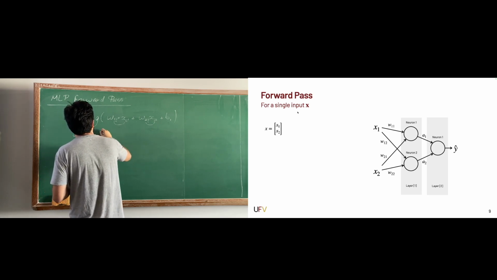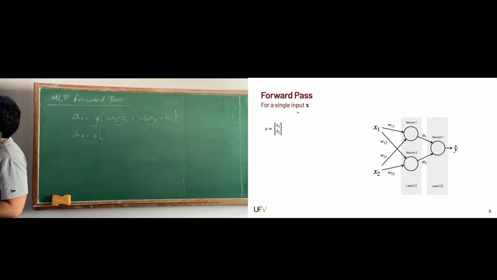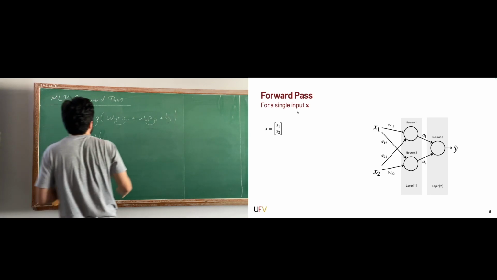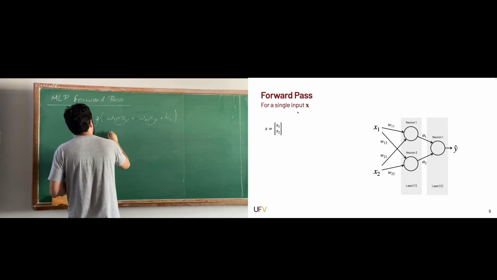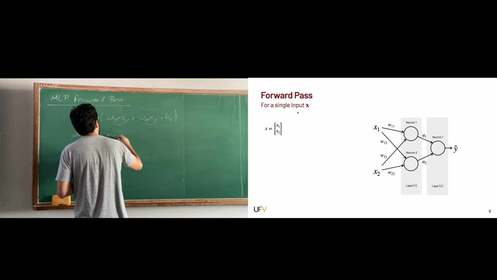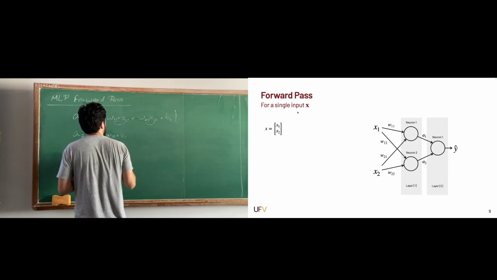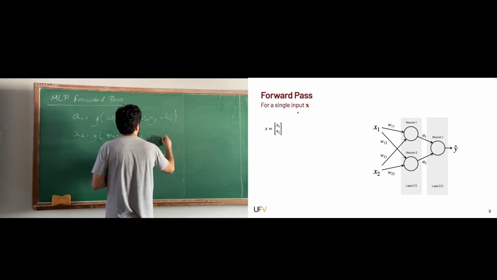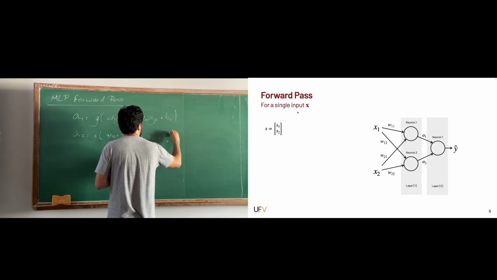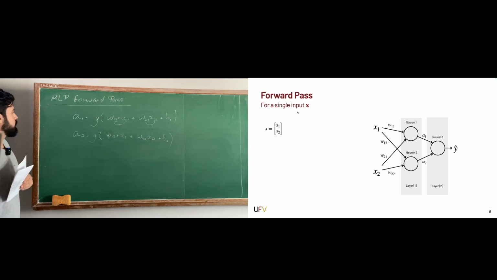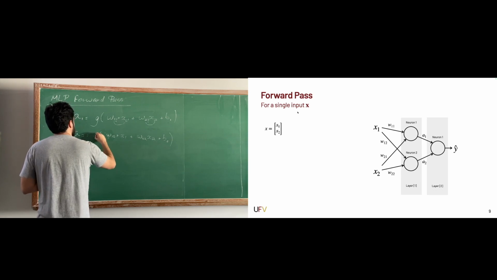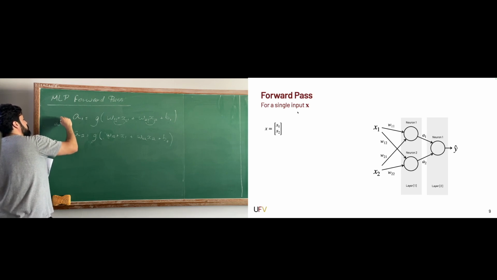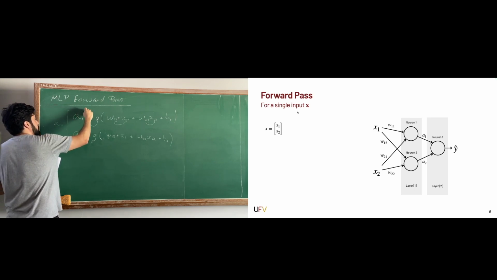Now A2 is equal to W12 times X1 plus W22 X2 plus B2. We can call this an A vector.